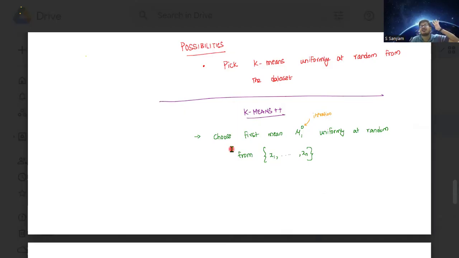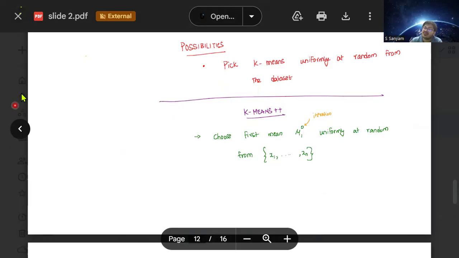We are choosing the first mean, second mean, third mean, fourth mean. We are choosing means instead of assigning the cluster indicator for each data point. This is the catch.